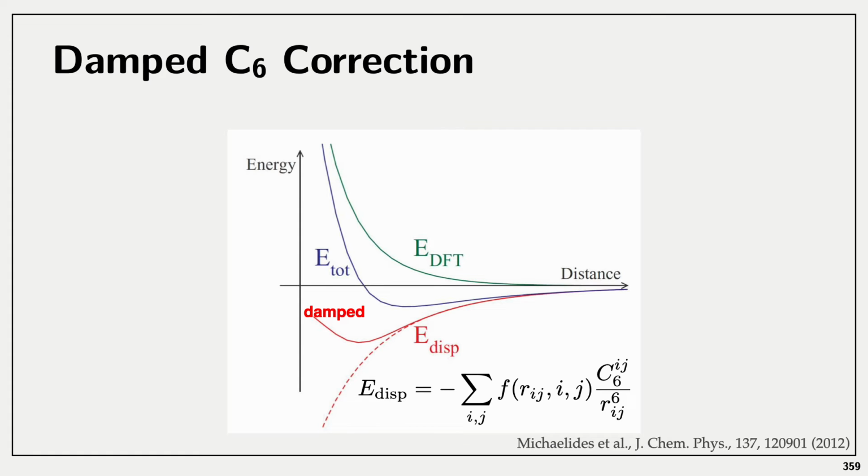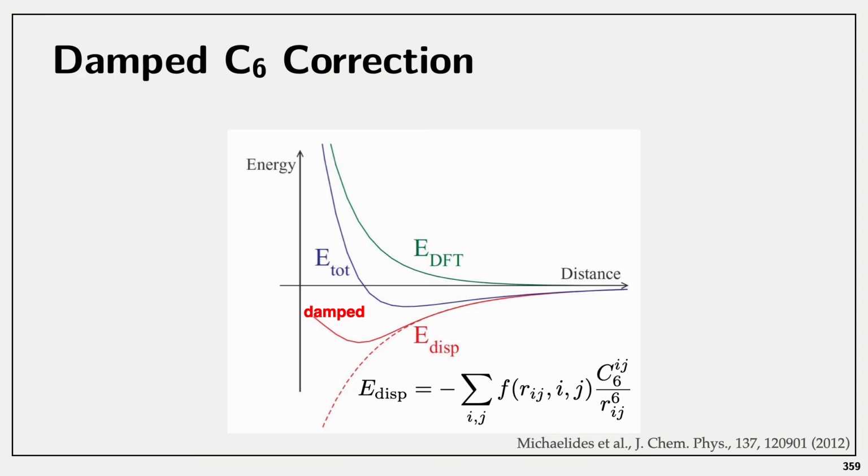That catastrophic attraction, in the dashed line, does not exist in reality, because when the atoms get so close, you would have a very strong force due to the Pauli exclusion principle, which does not allow atoms to get very, very close to each other, because they would then occupy the same state.